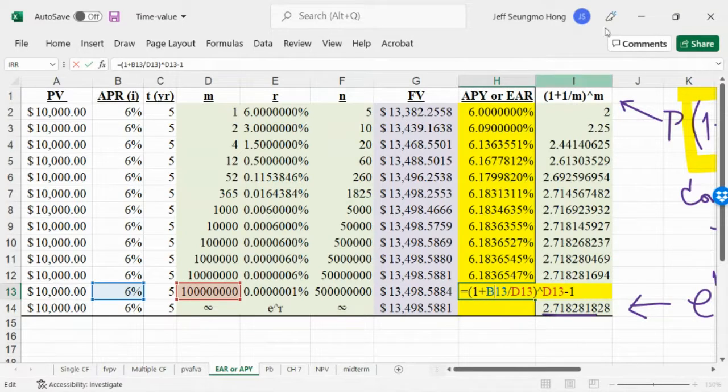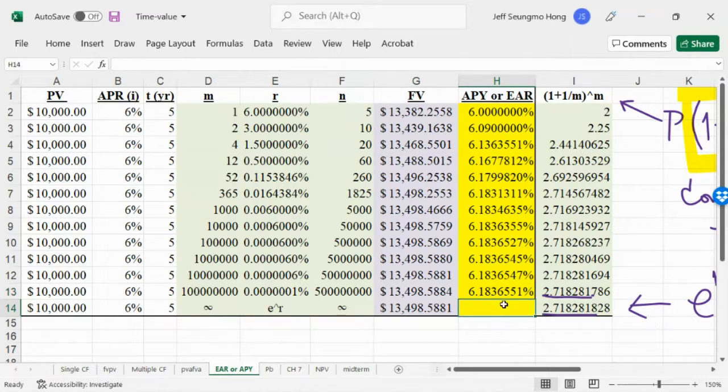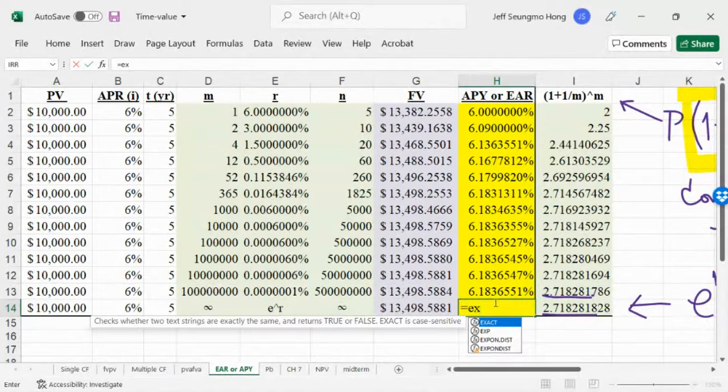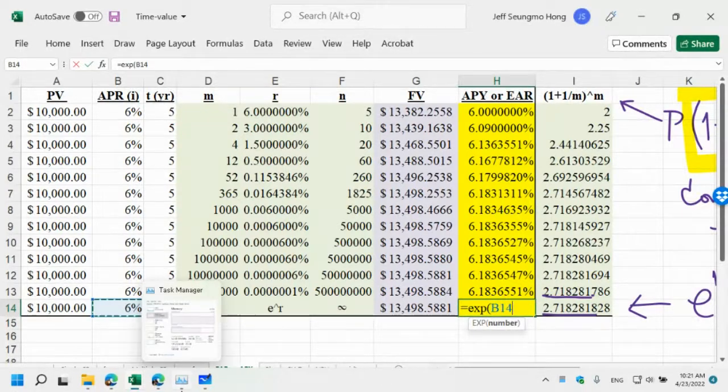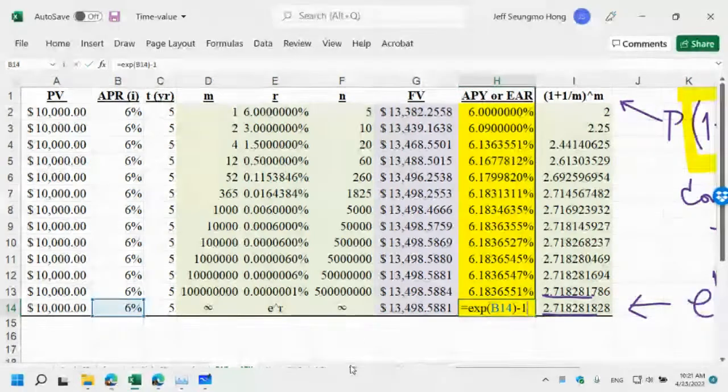It's basically 1 plus APR over m, raised to n, and then minus 1, because we want the net rate. But in the case of continuous compounding, it's going to be the exponential function, exp, e raised to r minus 1.